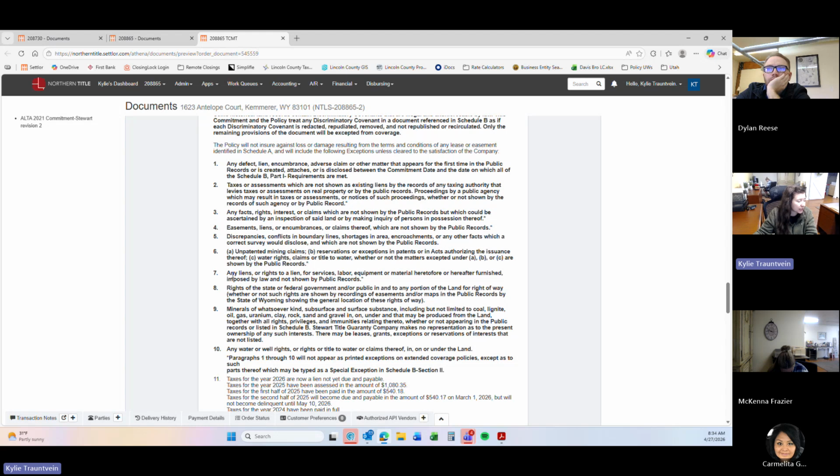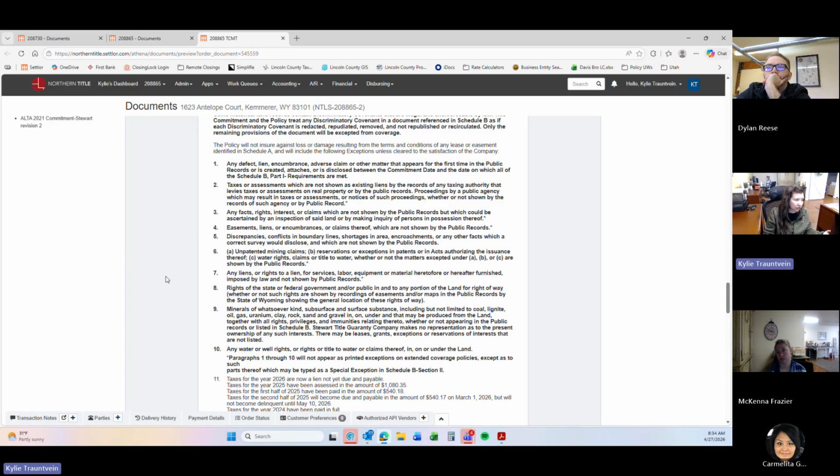So basically liens for construction, right? On a standard policy, this exception stays, and we're saying we're not covering mechanics liens. On an extended policy, this gets deleted, and we are covering mechanics liens. So that's why we're so worried about when construction is involved. Can we do an extended policy or can we not?